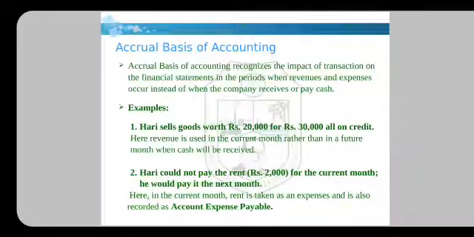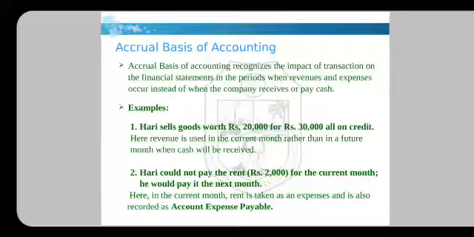Let's take one example. Hari sells goods worth rupees 20,000 for rupees 30,000 on credit. Right? So Hari has some goods of cost 20,000 and he is selling them at a price of 30,000, all on credit. Here revenue is recognized in the current month rather than in a future month when cash will be received. Now in the second part, Hari could not pay the rent of 2000 for the current month.